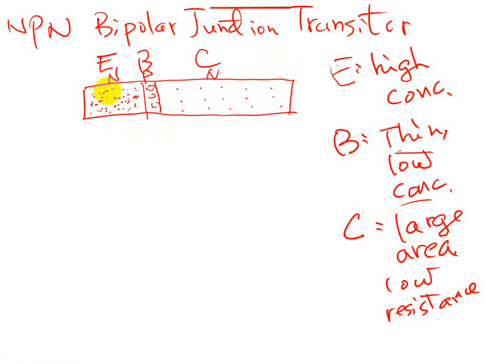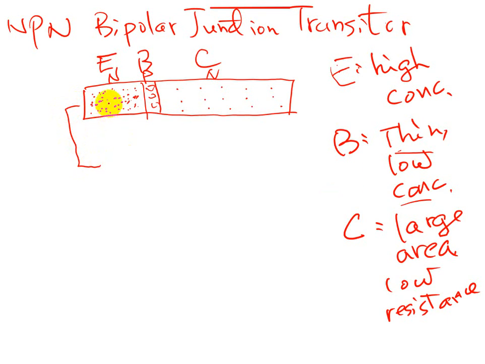Okay, and the connection to the power will be, for the left-hand side PN junction over here, we need to have a forward bias. So let's see.